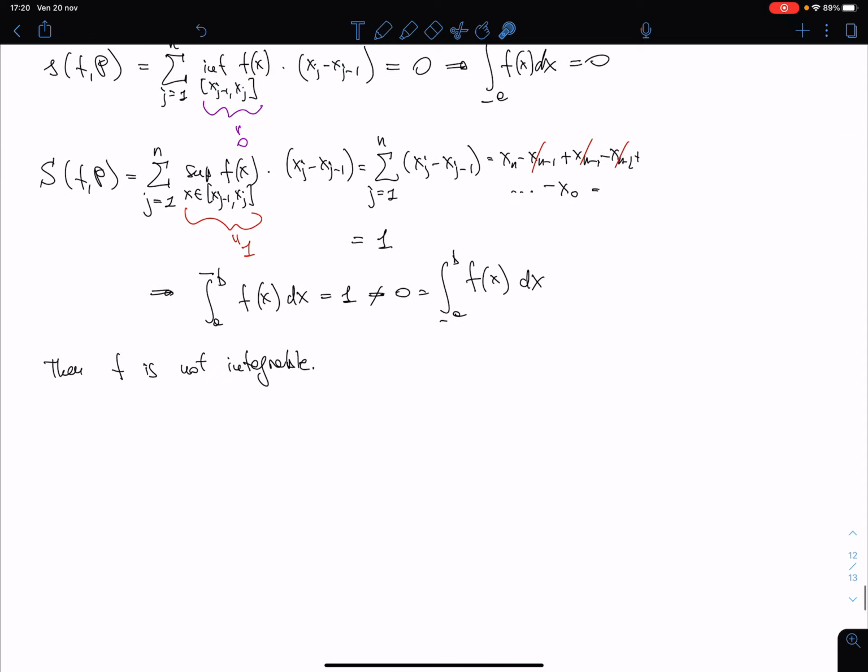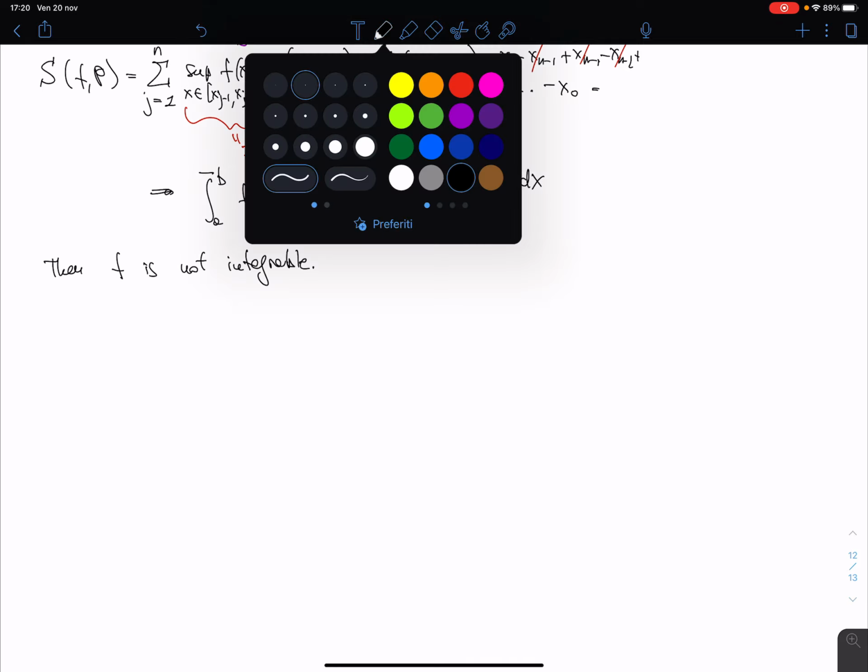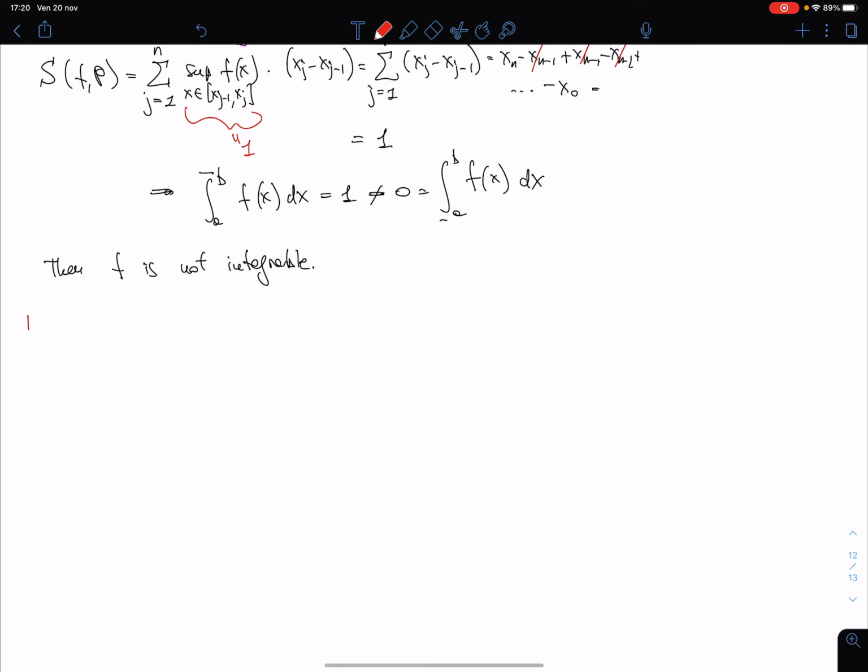Then I give you another function which is very interesting. I leave the question open. Again, this is Riemann's function, named after our hero for the integral, Bernhard Riemann. So, Riemann's function is the following.